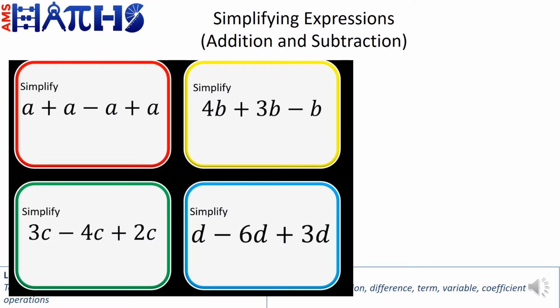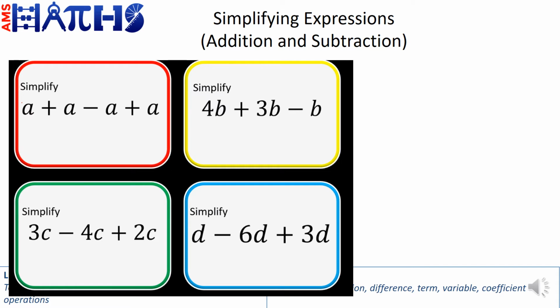Our first task is to simplify expressions doing addition and subtraction. In the red box, our first example has a plus a minus a plus a. So we'll do it in stages. Each a represents 1a.